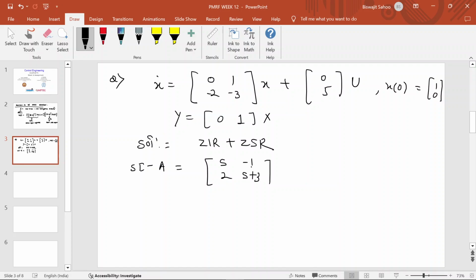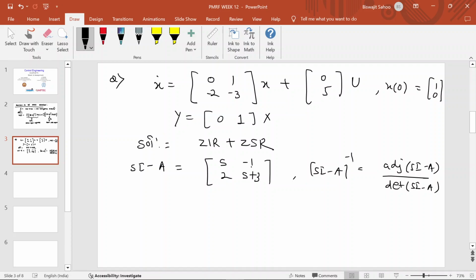You just subtract and you will find sI minus A. After that you need to find (sI minus A) inverse, which is nothing but the adjoint of (sI minus A) divided by the determinant of (sI minus A).